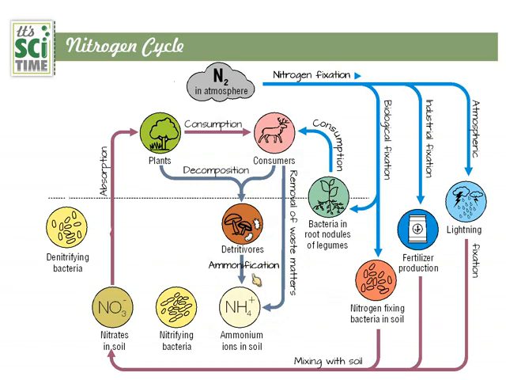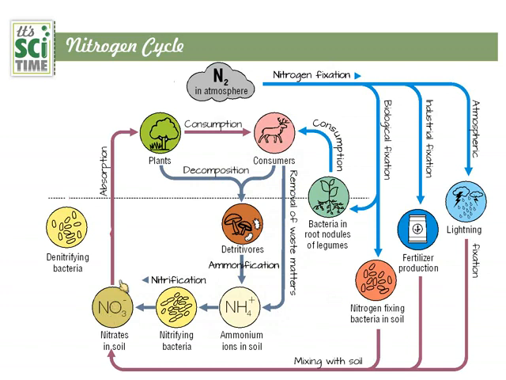Ammonification can be done by bacteria and fungi. This ammonia is again converted to nitrates by nitrifying bacteria, and that process is called nitrification. Ammonia converts to nitrates by nitrifying bacteria, nitrification.